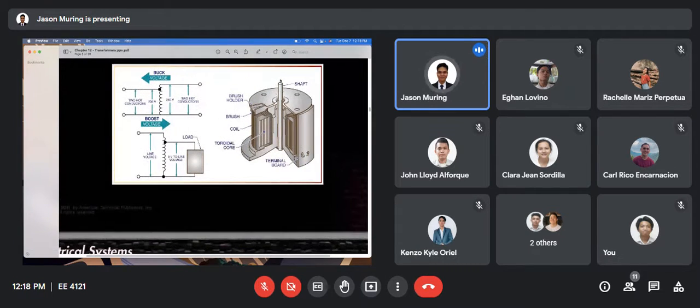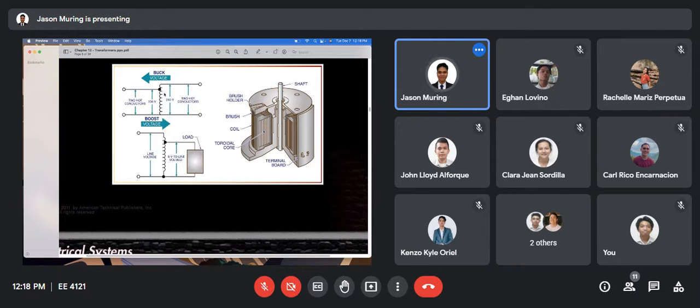Let's say that this rotation is controlled by a servo, and we have here a detector that detects the output voltage. If it is less than the required voltage, we change the tapping so that we have an increase in voltage. This is a buck configuration, while this is a boost configuration.